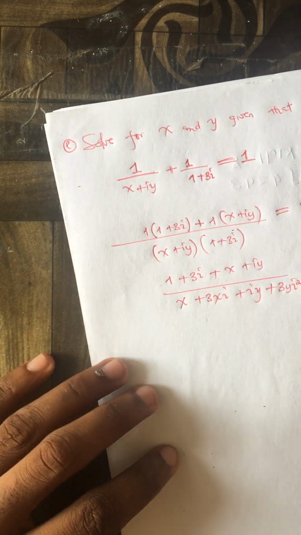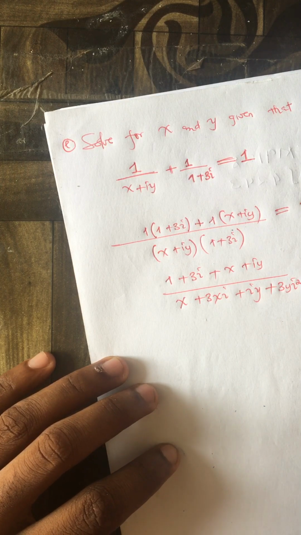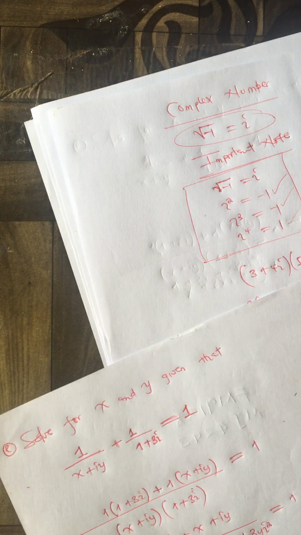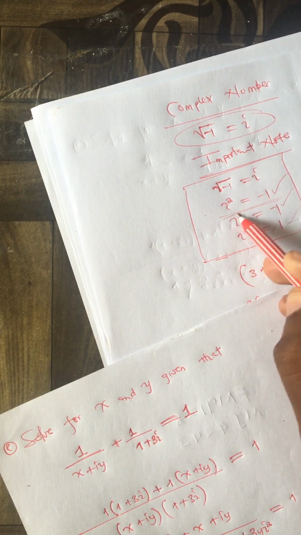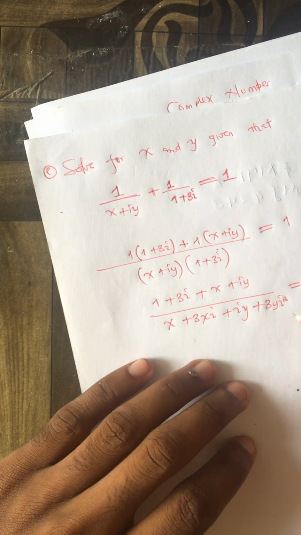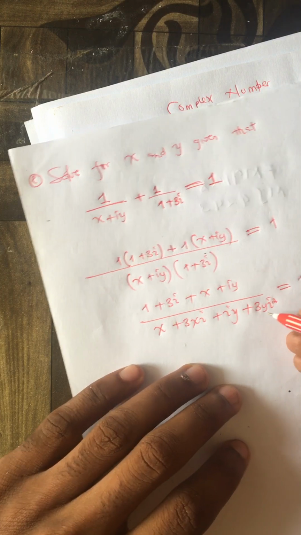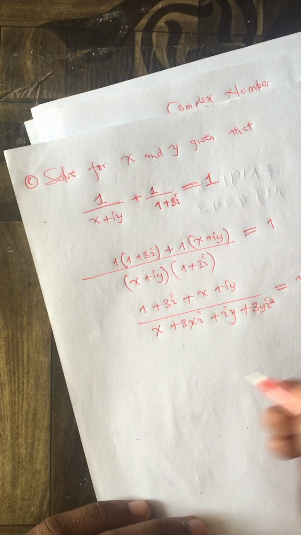Okay, then from there you can see that we have an i squared, right? I said i squared is negative 1. So here you replace i squared with negative 1.